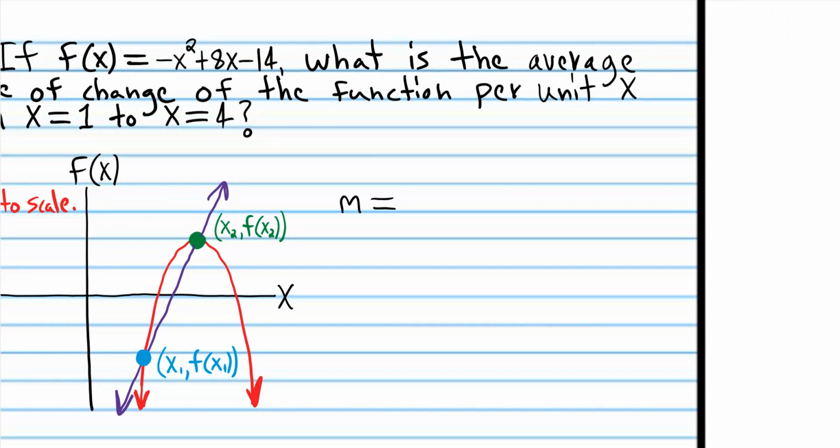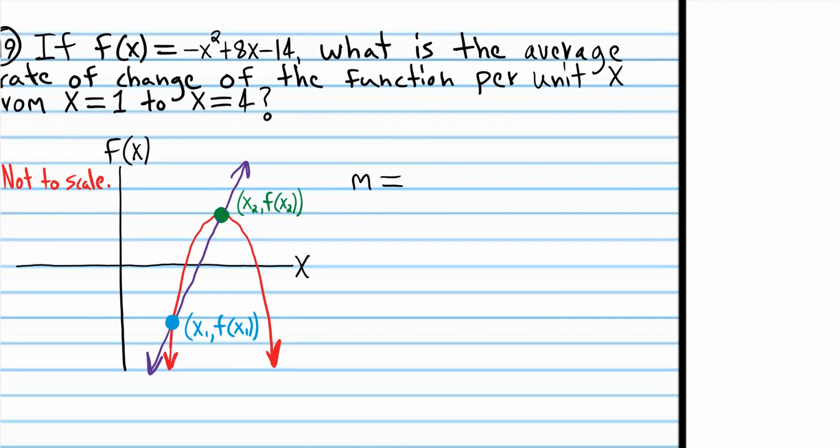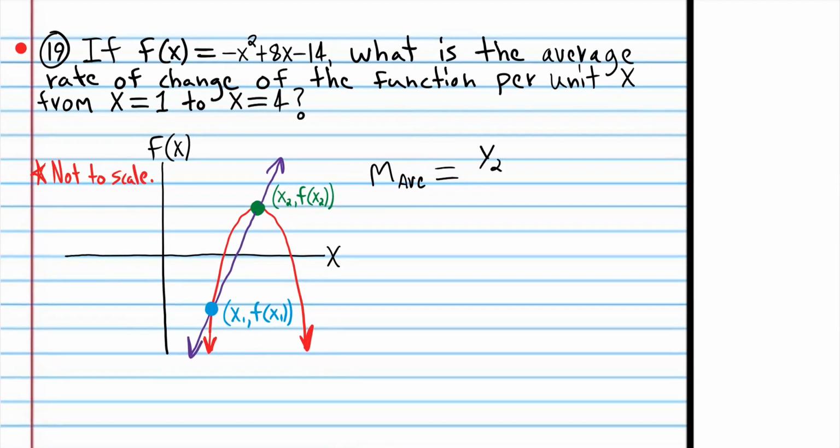I'm just going to call it m. We can say m subscript AVE. That is going to be the slope of that purple line.